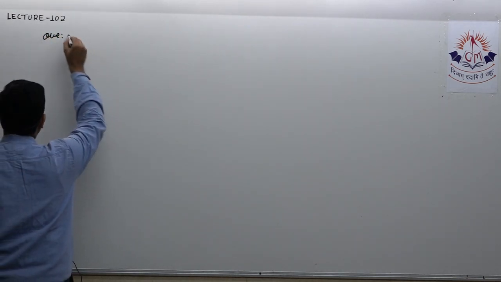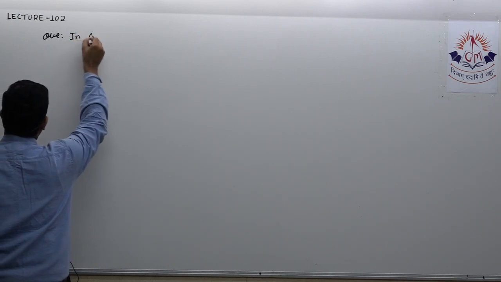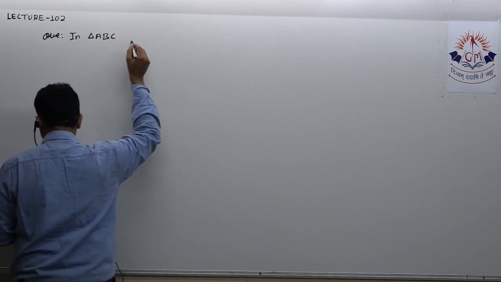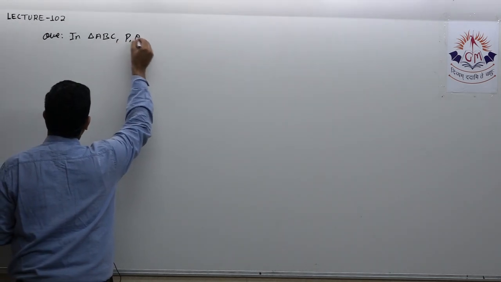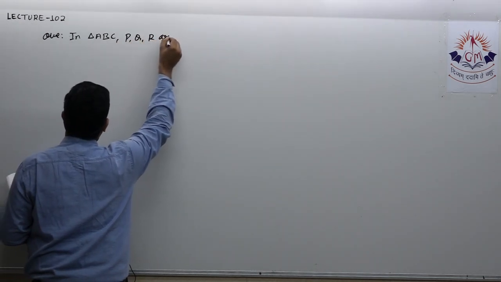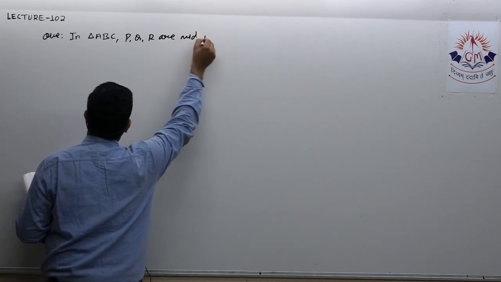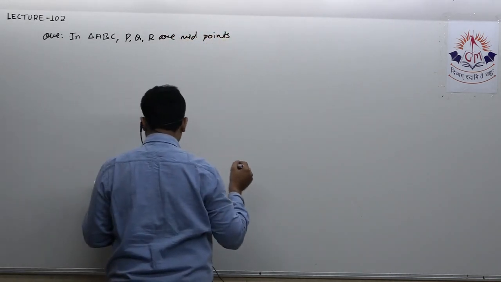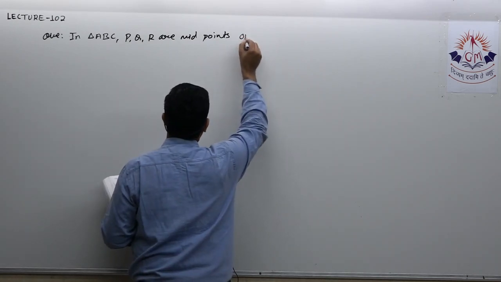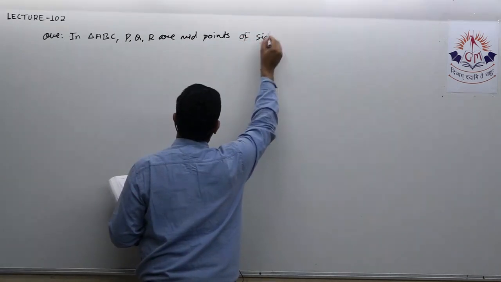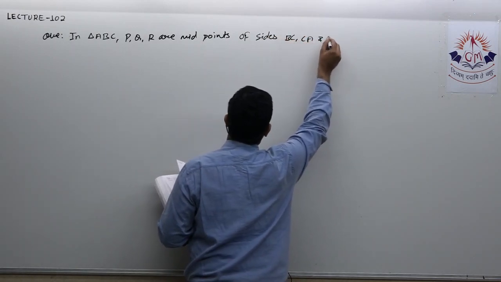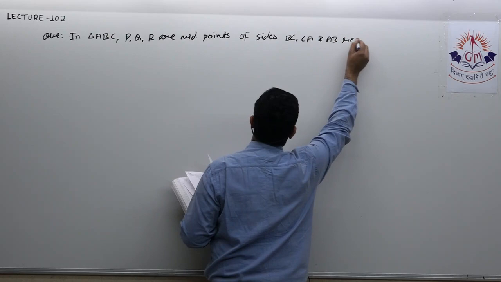In triangle ABC, P, Q, R are midpoints of sides BC, CA and AB respectively.